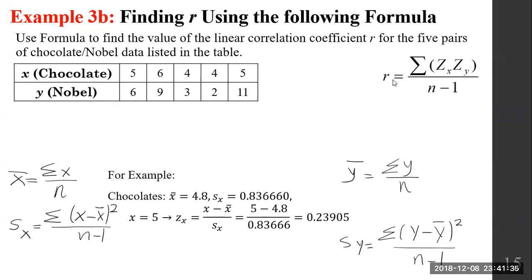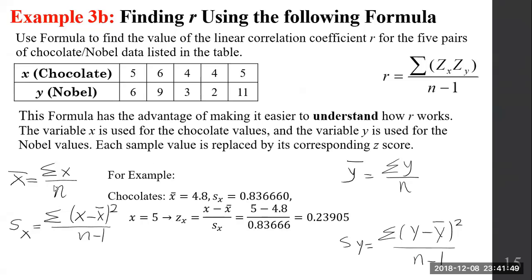Let's take a look at the second equation I showed you earlier that can be used for the same example. For this, we need to find z of x and z of y. This formula has the advantage of making it easier to understand how R works. The variable x is used for chocolate values, and the variable y is used for the Nobel values. Each sample value is replaced by its corresponding z-score.